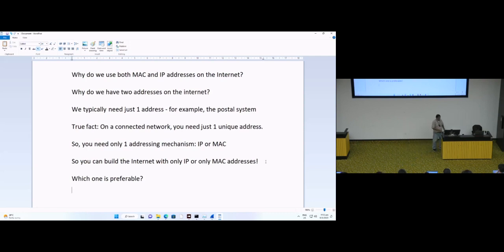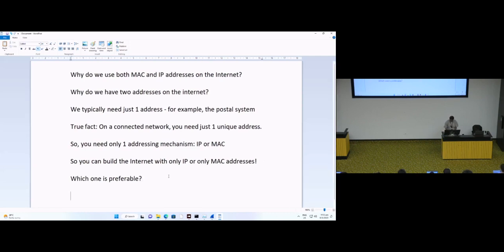Hierarchical addressing mechanism. So which one is preferable? So let's get some facts.